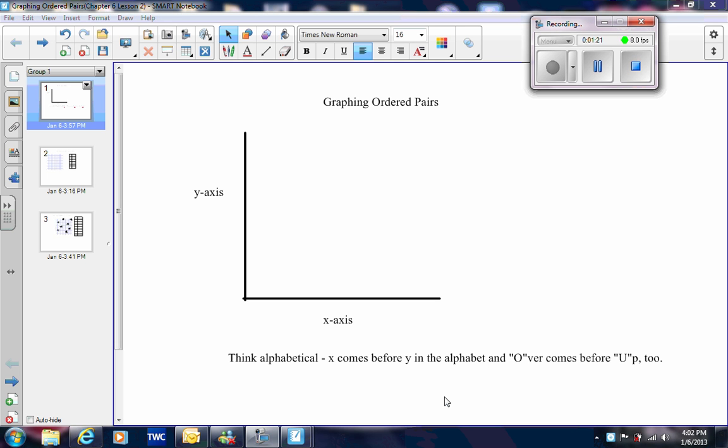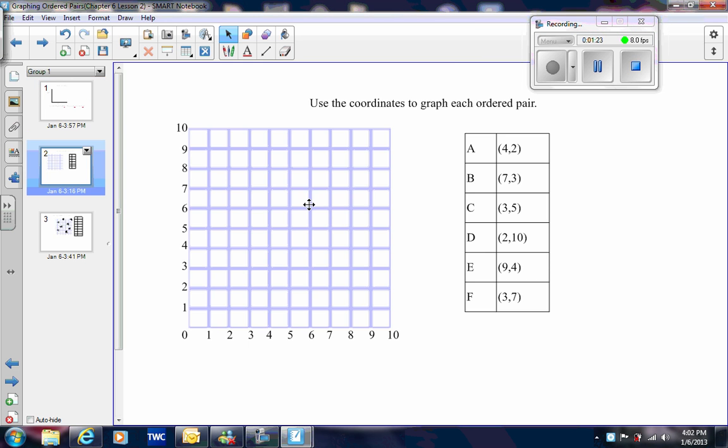All right, so let's try a couple of these in here. It says use the coordinates to graph each ordered pair. So here's an ordered pair. It's a number with a comma and then a second number. And I'm going to go over 4 and then up 2 and then put a dot.